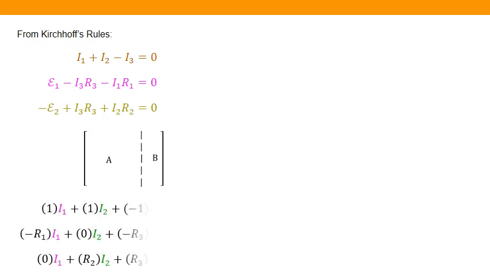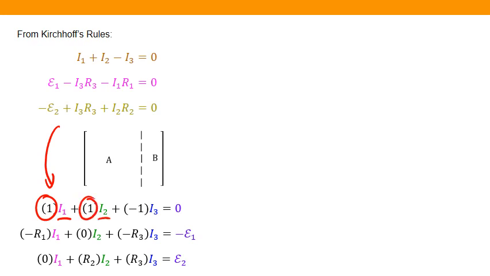If we do that, we're going to get something that looks like this. Now I have my equations, and I've just rearranged my terms so that every equation has something multiplying I1, something multiplying I2, and something multiplying I3. And everything that isn't multiplying I1, I2, or I3 is over here on the other side of my equation.